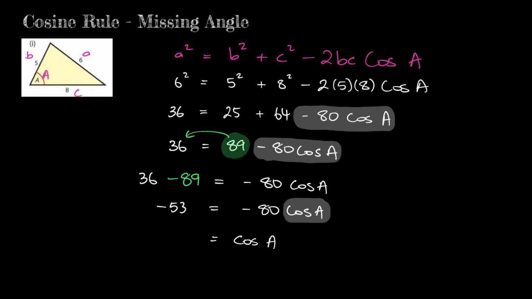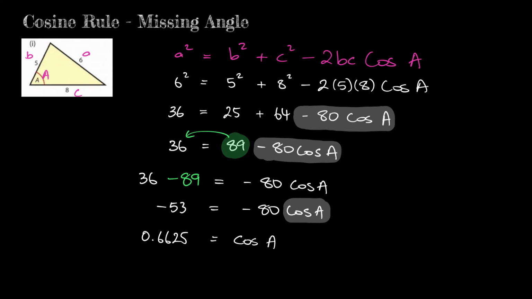So negative 53 divided by negative 80 will give us a positive 0.6625. And you have to type that into your calculator.